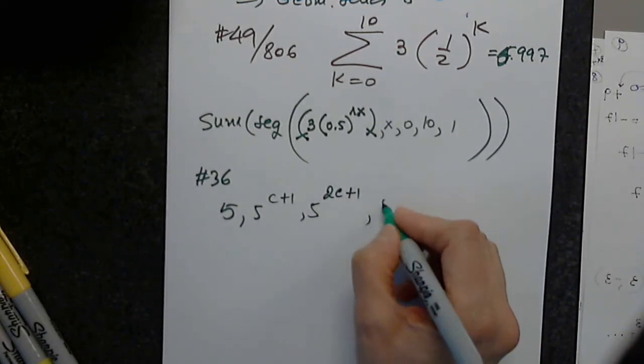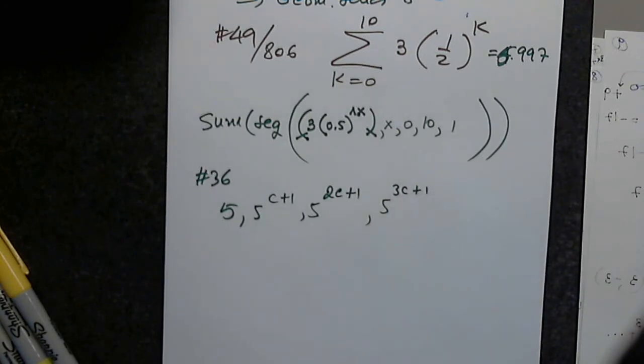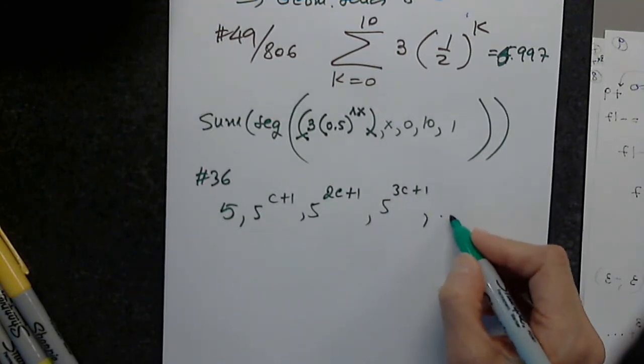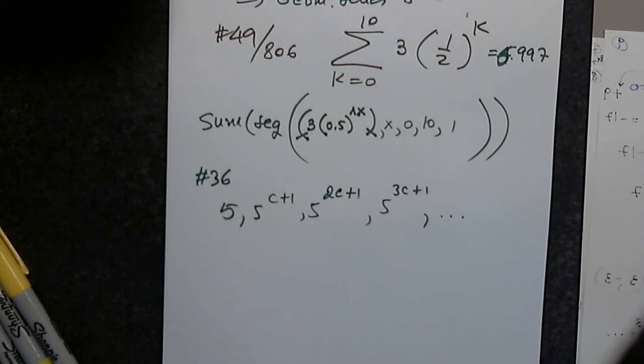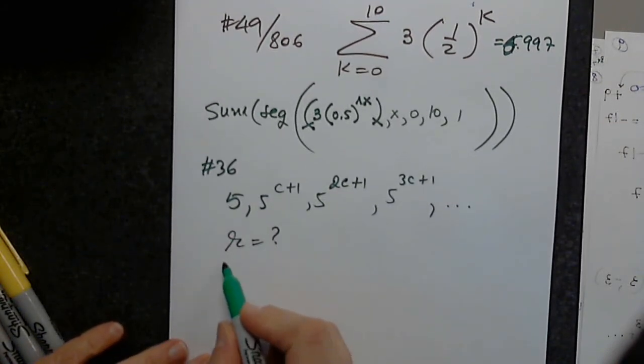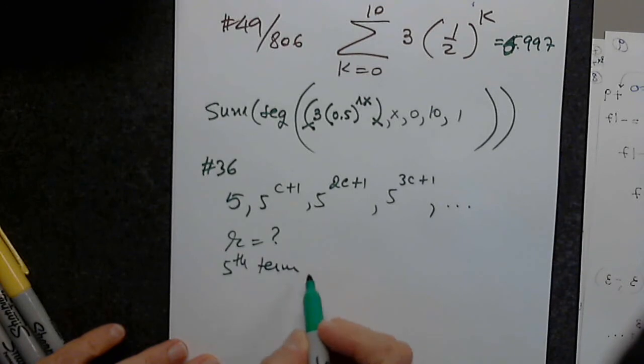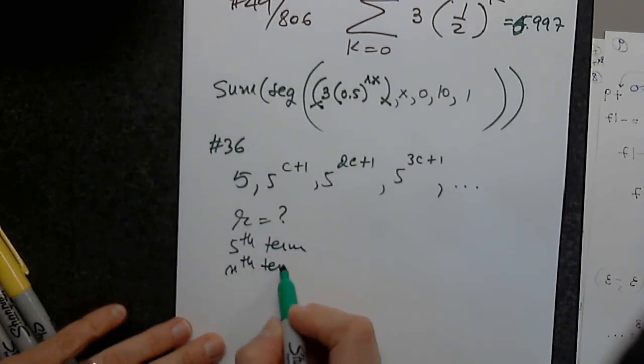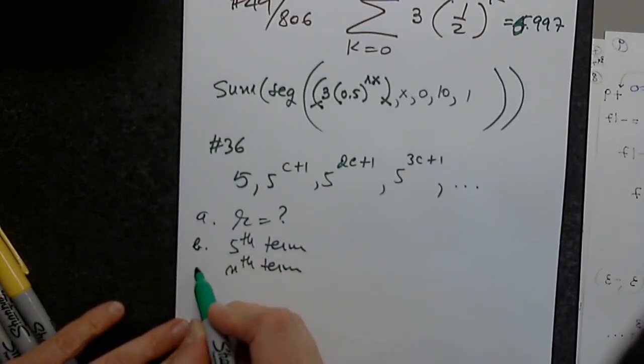And then the next one is 5 raised to 3c plus 1. And then comma, dot, dot, dot. So they want common ratio, 5th term and nth term. So part A, part B, part C.